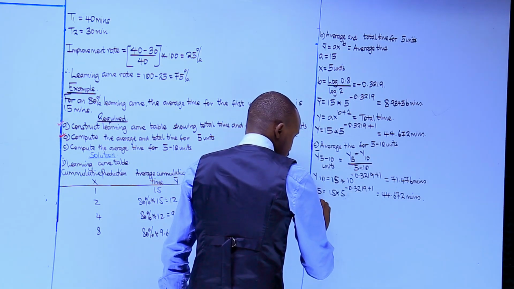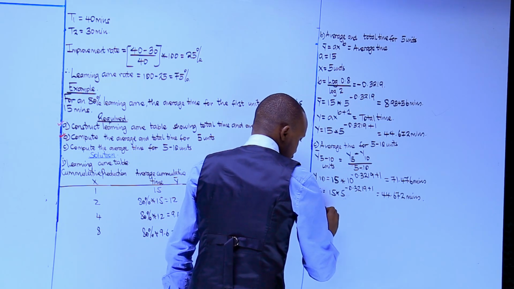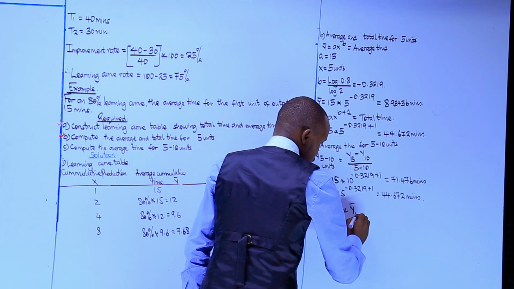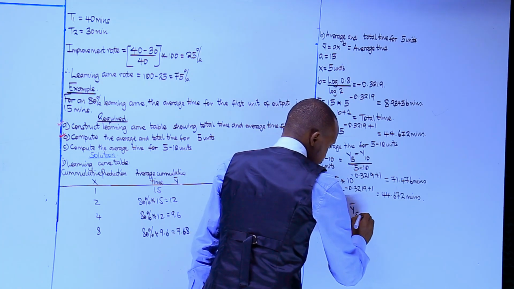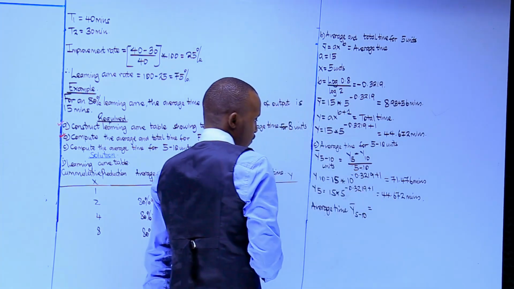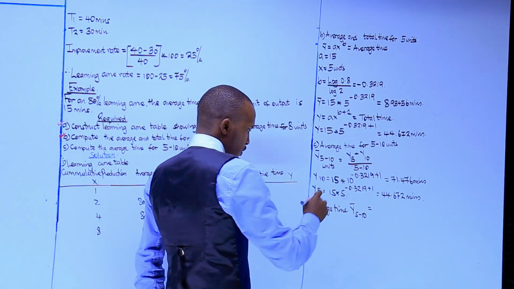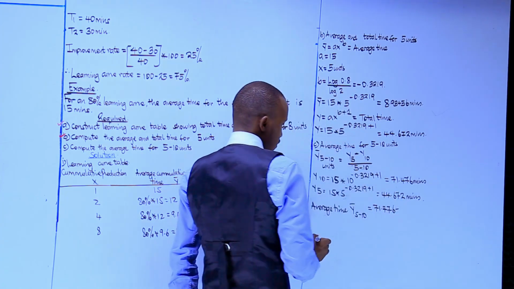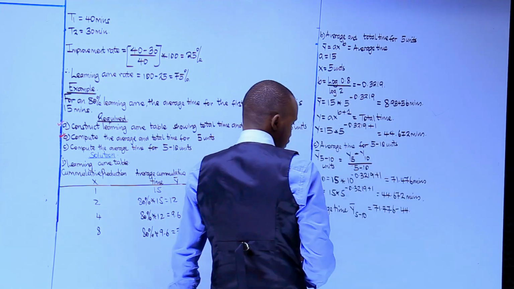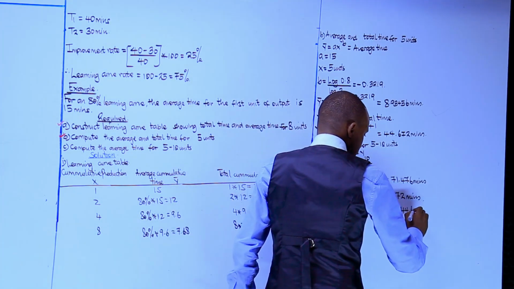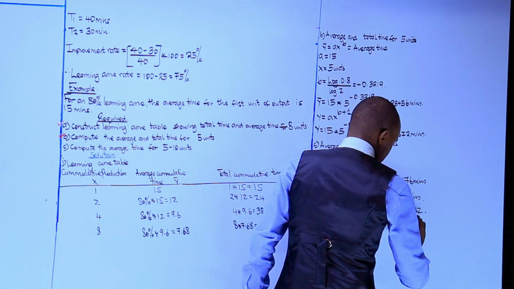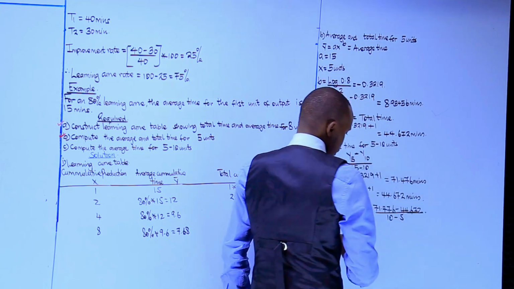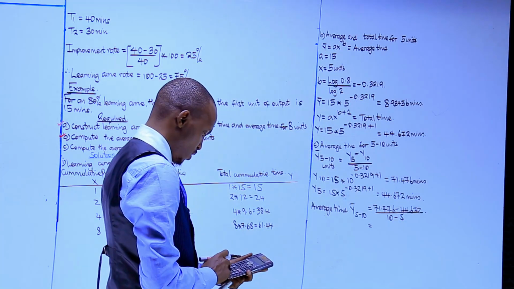Therefore, your average time for 5 to 10 units, you take the difference between the total time of the first 10 and 5, divided by your units, which were 10 minus 5.